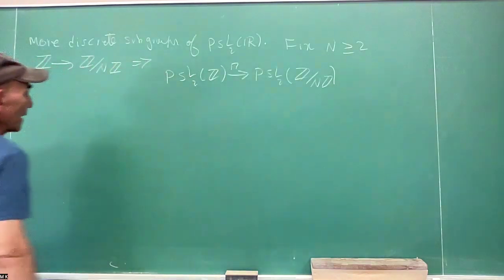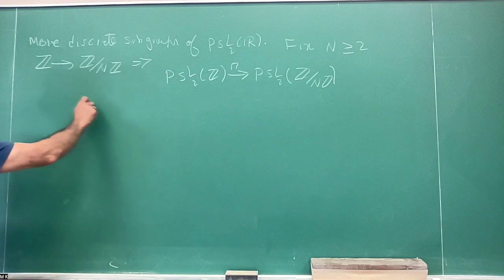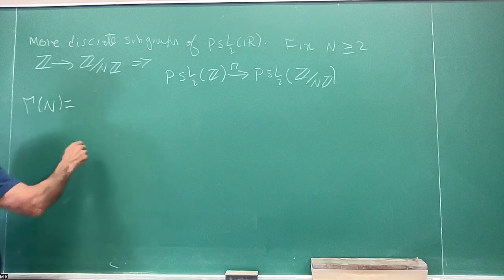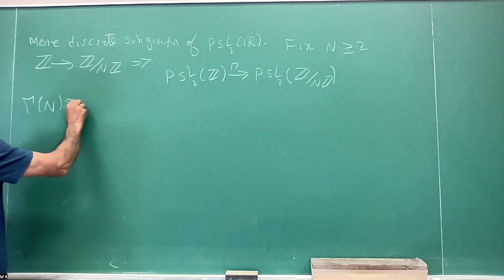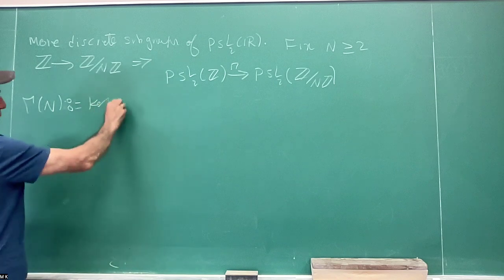And then there is a subgroup called gamma n, which by definition is just the kernel of pi.